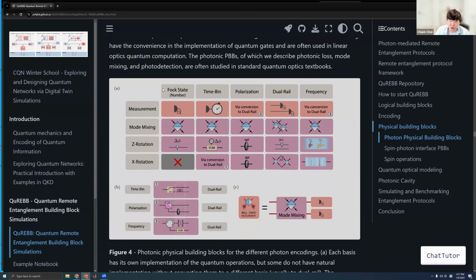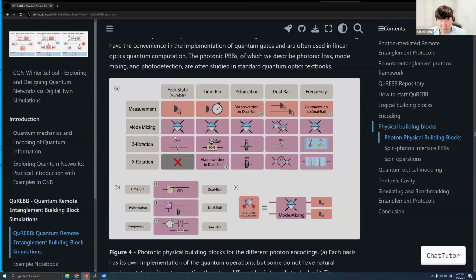For example, if you choose the Fock state basis, your measurement in the Fock state basis is just a single photon detector, meaning that if you have a click in your photodetector, you detect the 1 state. If you don't detect a click, then it's a 0 state. It's an idealized photon measurement operation.